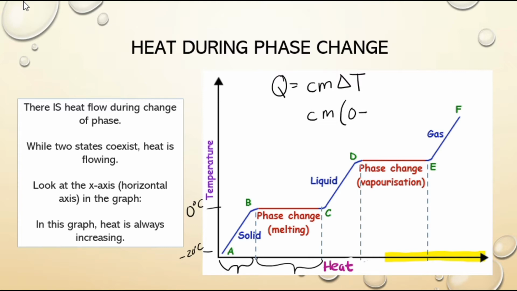The temperature at B is 0. Or if I was at vaporization, the temperature at E is 100. The temperature at D is 100. So these both create situations where you're multiplying Cm times 0, which is going to tell you that there is no heat absorbed between these 2 points, and that's not true. So we need a new formula.